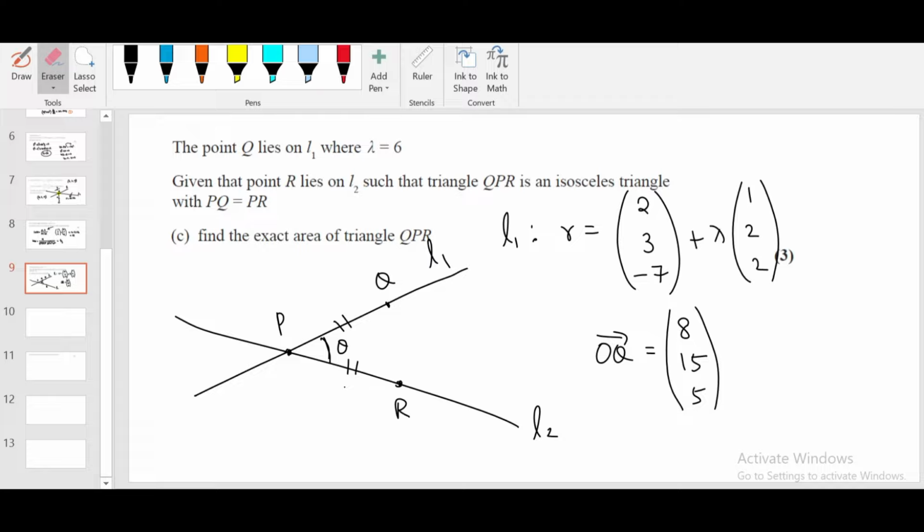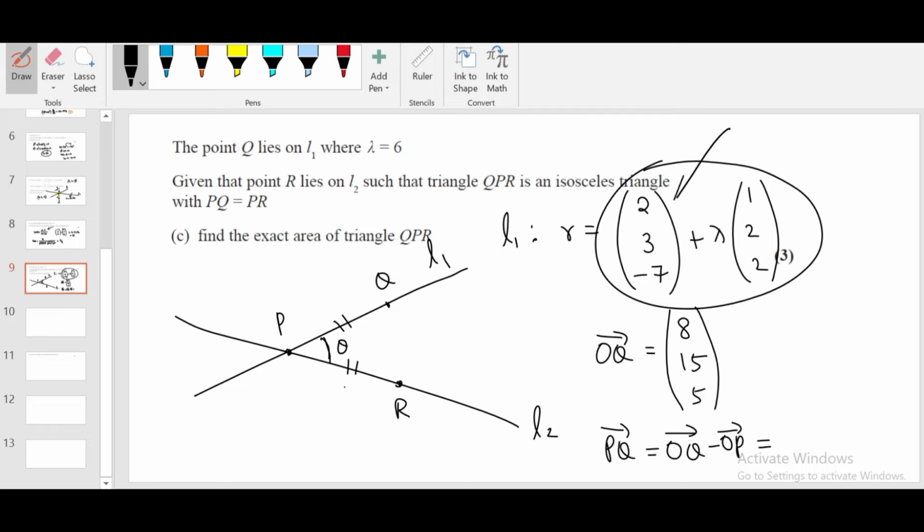We know OQ vector, so PQ vector is equal to OQ vector minus OP vector. Basically from here we are going to minus off this 2, 3, minus 7 because that's the position vector of P. Or from here you minus OP vector 2, 3, minus 7. It's the same thing. So you are going to get 6, 12, 12.